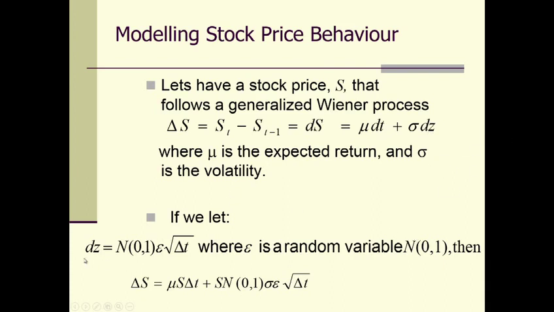So if you allow dz to be epsilon square root t, such that epsilon is the random term or the error term that follows a normal distribution with mean 0 and standard deviation of 1, right? Remember your statistics? Then you can rewrite this formula as mu dt plus epsilon square root t. So you simply replace dz with epsilon square root t.